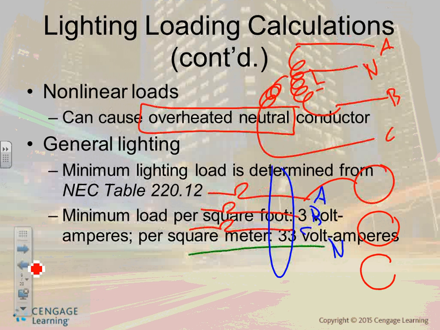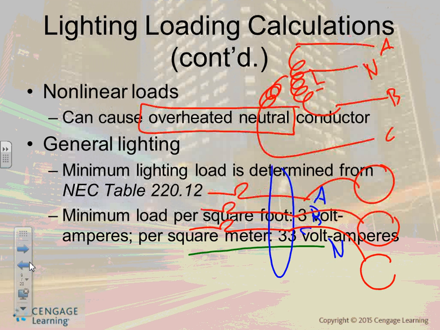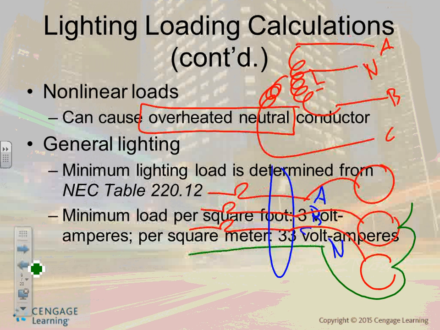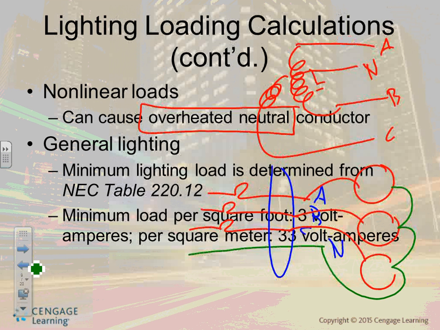You feed phase A to light 1, phase B to light 2, phase C to light 3. And what do you guys think the neutral does? It's shared by 1, 2, and 3. That's a typical application, the cheapest installation: a three-phase circuit with a neutral that they're sharing.